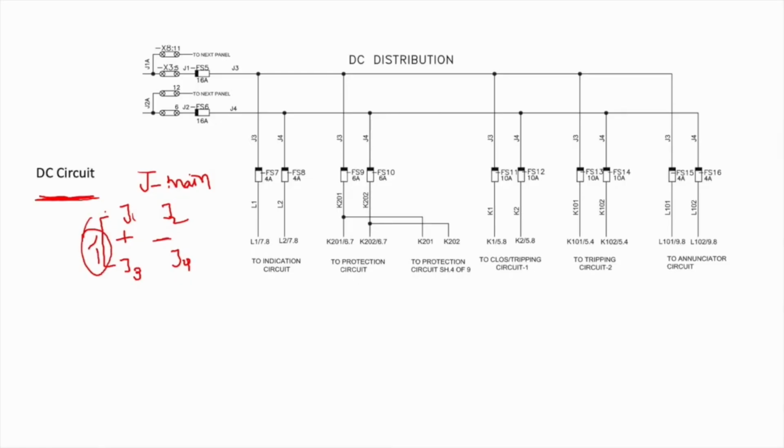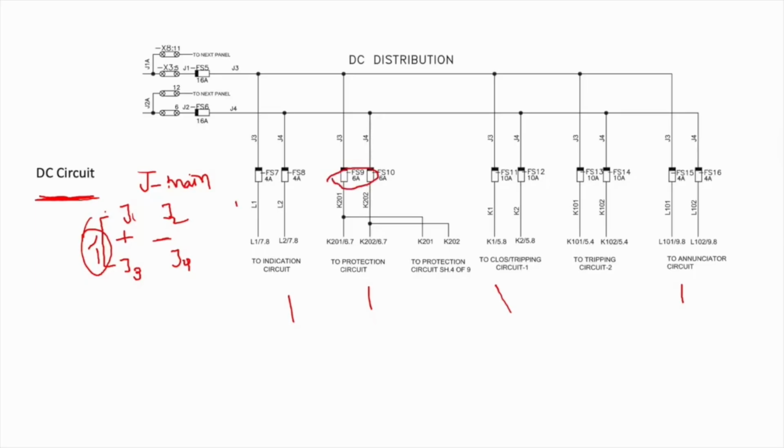In DC circuits, we make separate circuits. Like there is an indication circuit, a protection circuit, right? There is a tripping circuit and an annunciation circuit. Each circuit has a bus built in it. Because what happens in DC is that sometimes, suppose there is a problem in the lamp circuit or the indication lamp circuit, then only the fuse of that circuit will be isolated.